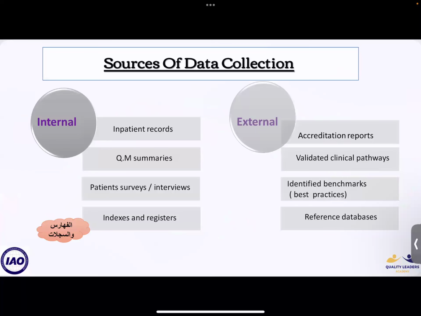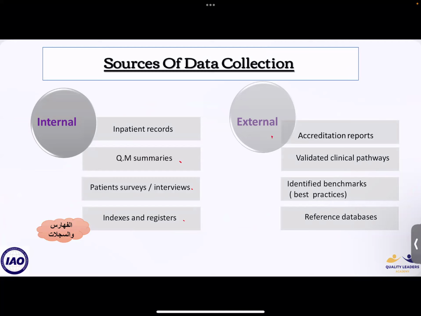Data collection from internal sources such as medical records, or the inpatient records, quality management summaries, patient surveys, interviews, indexes, and registers. These are the internal sources, and we also have external sources.